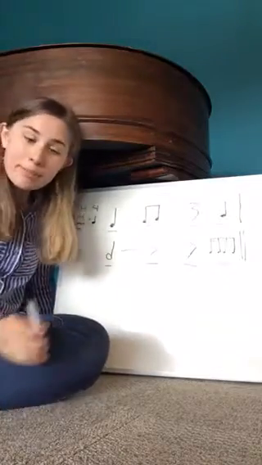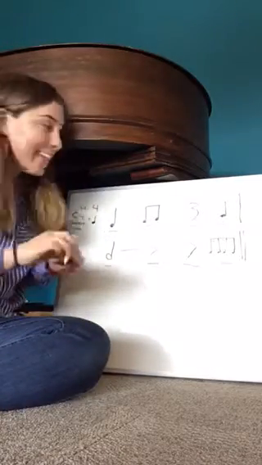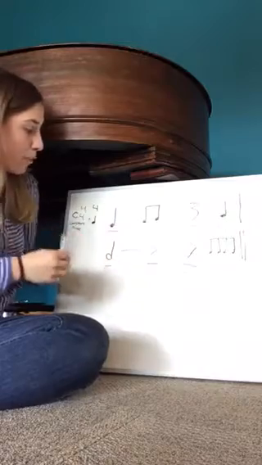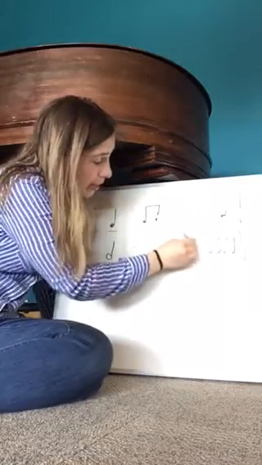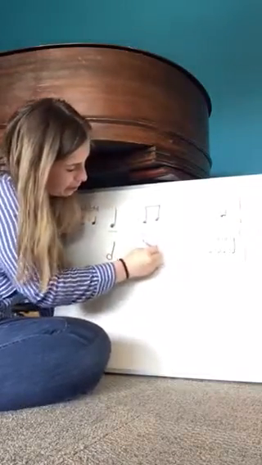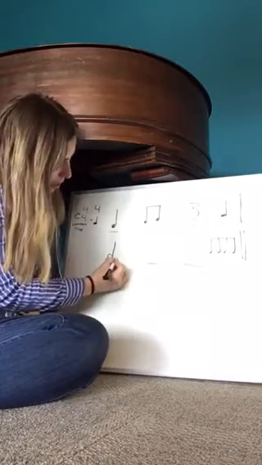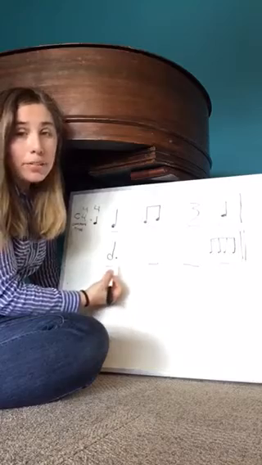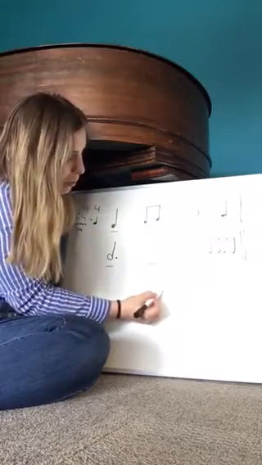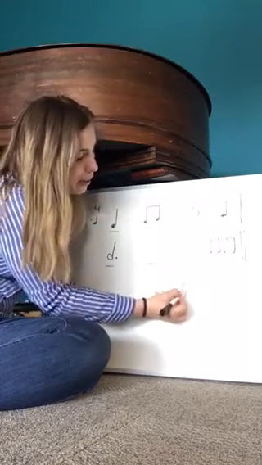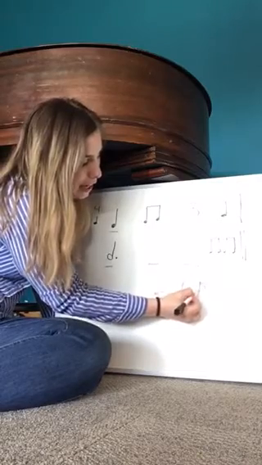Now let's add some different variations to it. Okay, so first what we're going to do is take away this rest. We're going to add a dot to the half note. Now a dot, you can see it on a quarter note, on an eighth note, even sometimes 16th notes can have a dot.